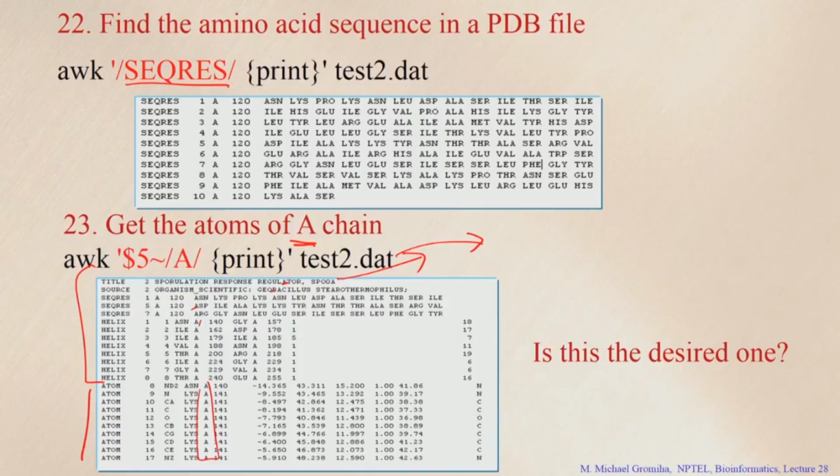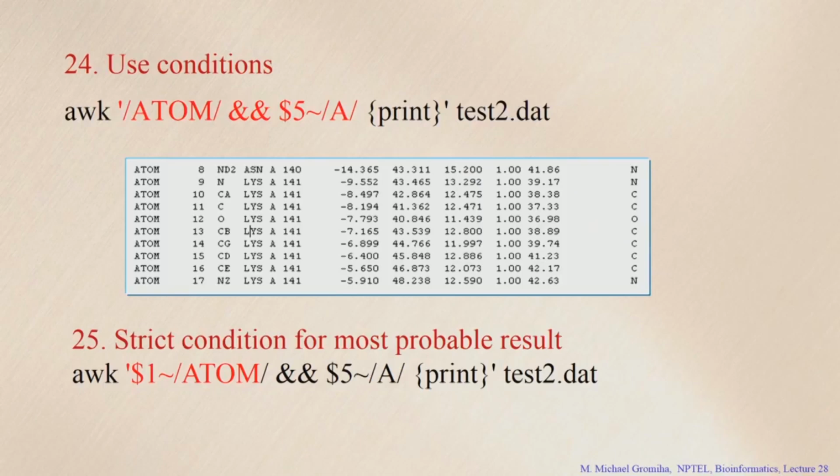So, we can give another condition: the first field should be atom and then the fifth field should be A, then we can get this, right. So, this contains atom, any record which contains atom, and this is the AND condition, the fifth column starts with A, right. If you put the tilde symbol, this starts with A, then you print.